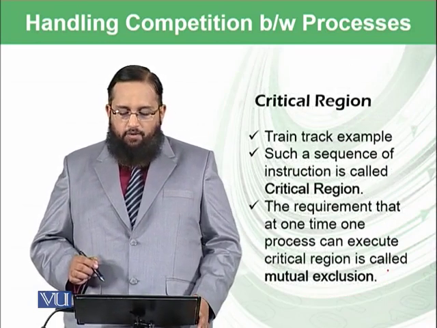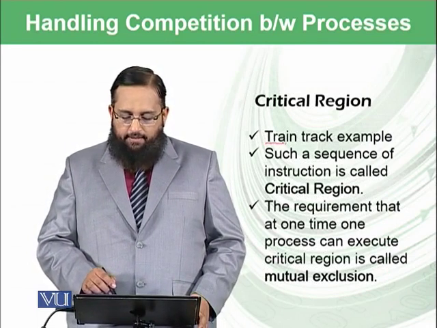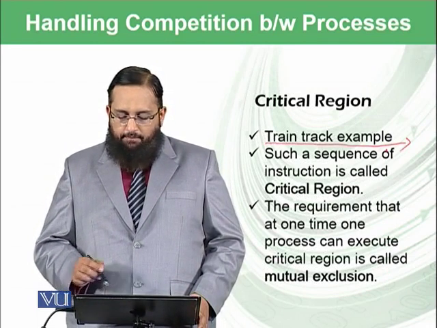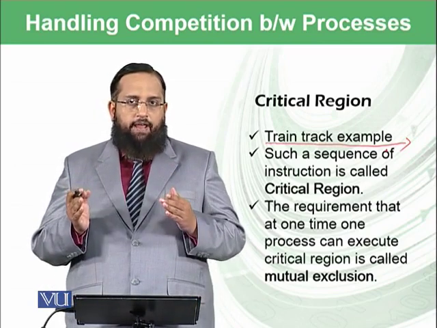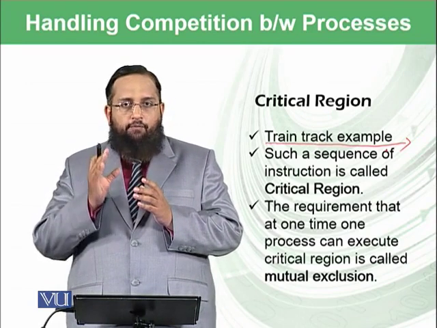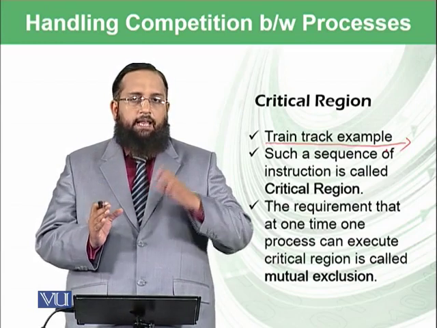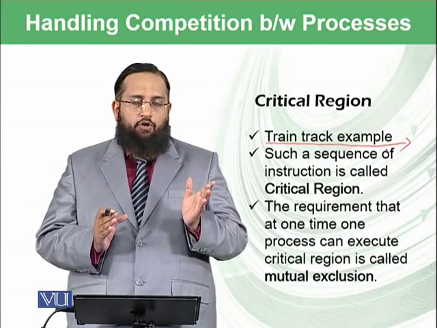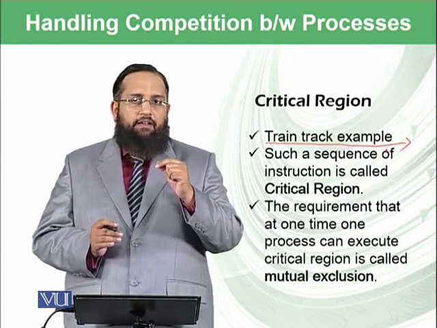And then there is a concept of critical region. You might have known a very famous example of a train track. On railway tracks, there is a dedicated track on which if one train is put, then other trains are forbidden to go to that track. So this is called a critical region.